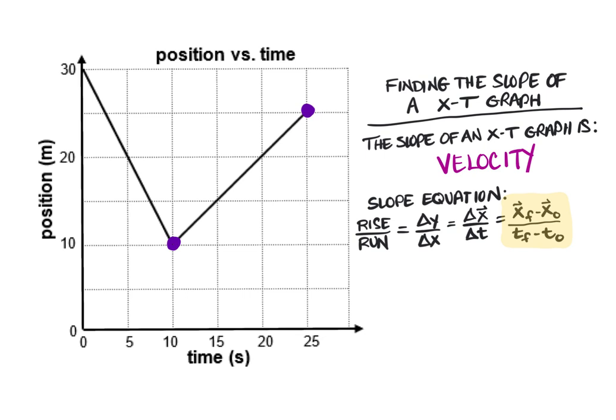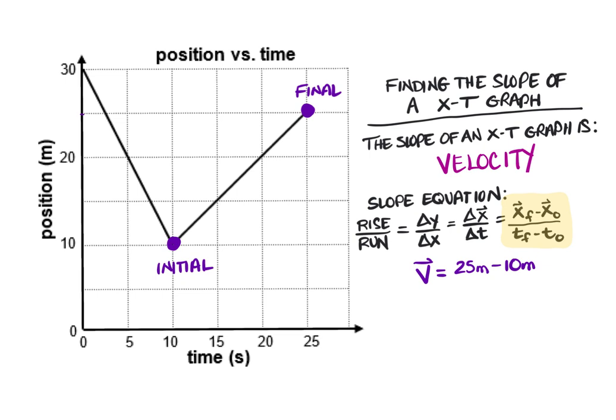So let's just go in here. As time moves forward, this is going to be the initial position in time, and this is going to be the final position in time. And so I'm just going to pull those values off the graph. So my velocity is going to be equal to the final position, that's going to be right here, 25 meters, minus my starting position was at 10 meters.